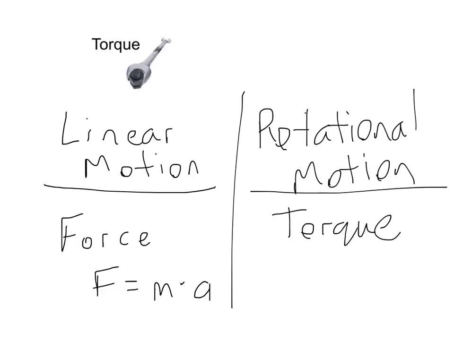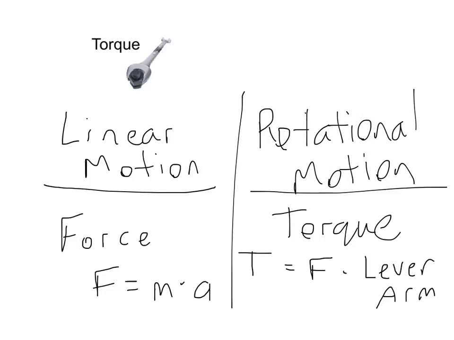You may have heard the term torque before in truck commercials. They'll advertise the amount of torque that a truck will provide for the engine. And there is an equation similar in format to F equals ma, force equals mass times acceleration. This time it's torque equals force times the length of the lever arm, and we're going to talk about that in just a minute.